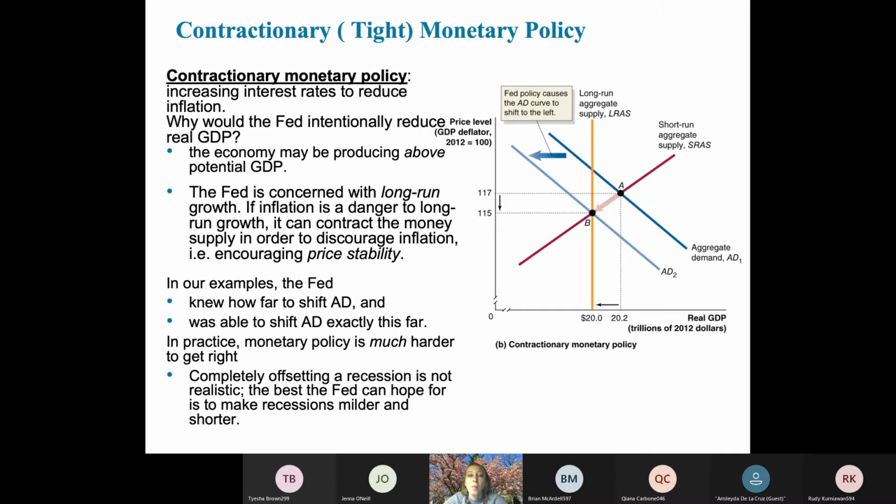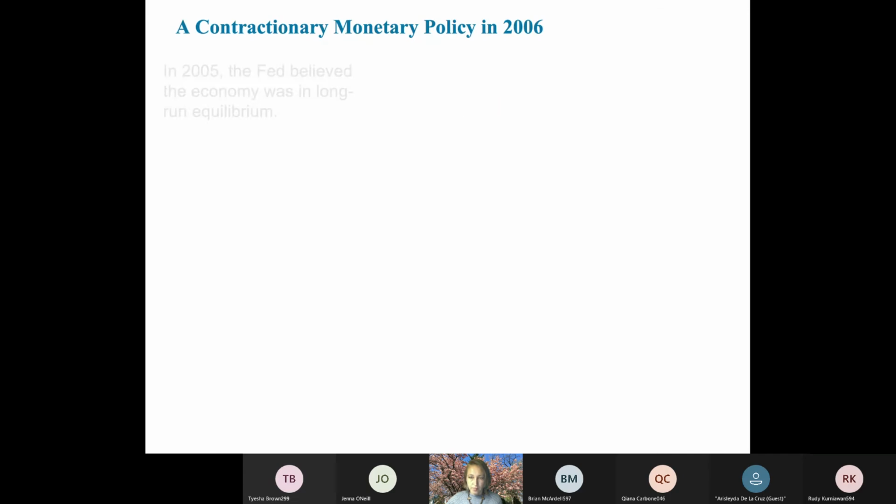Or maybe you're concerned about possible inflation, so you're doing that with price stability in mind, and so you increase interest rates. So you do the opposite of the open market operation that you did before. You are actually selling government bonds at a good price, good enough for people to buy them, and therefore the interest rates will go up.